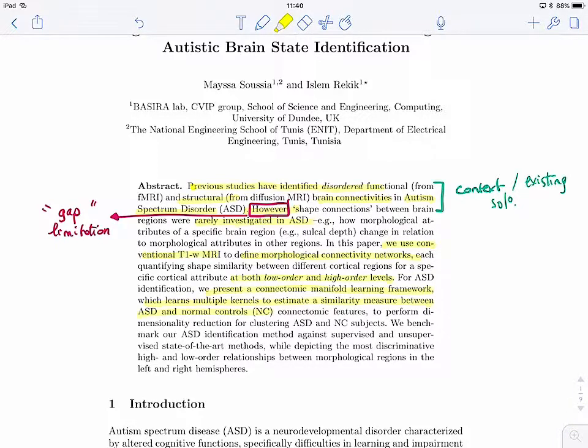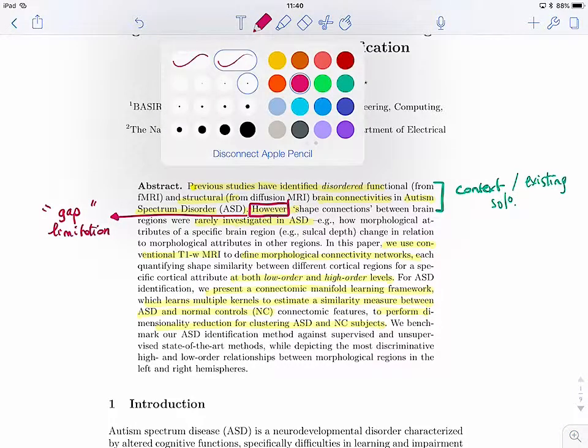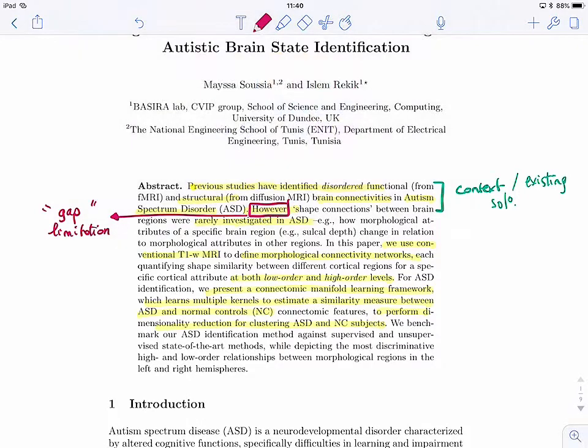So this is to perform dimensionality reduction for clustering those subjects. Here you can see that in the abstract, you don't need to point out all the gaps, but you will see later on that when we hit the introduction, we have multiple gaps, not just a single gap, okay? So here we selected just one gap. Generally, you can mention 1 to 2 gaps in the abstract, okay?